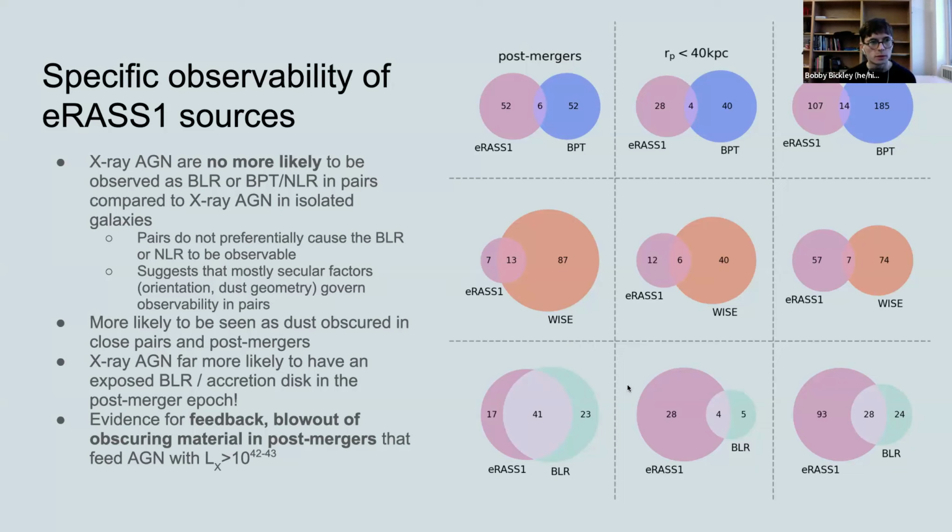If you do the statistics on this, and we've matched control samples for these, it's not any more likely to host a broadline region in galaxy pair interactions, but this changes very dramatically and suddenly in the post-merger epoch in particular. So again, this line connecting post-mergers, really high luminosity X-ray AGN, and the observability of a broadline region.